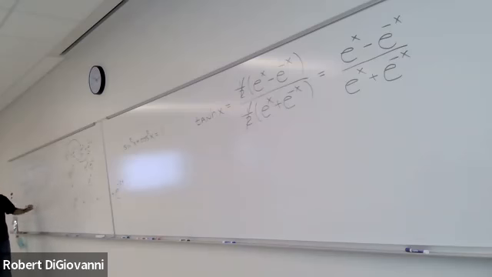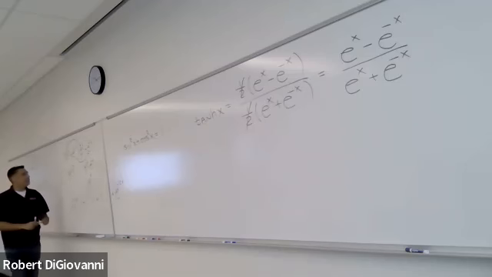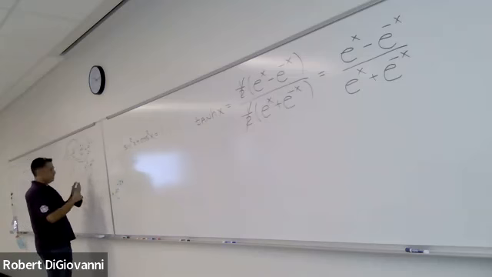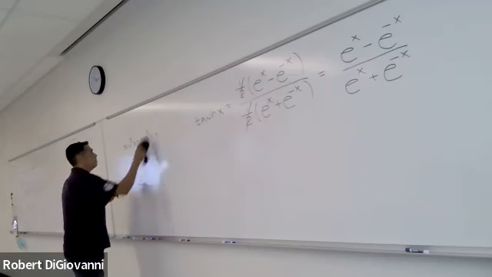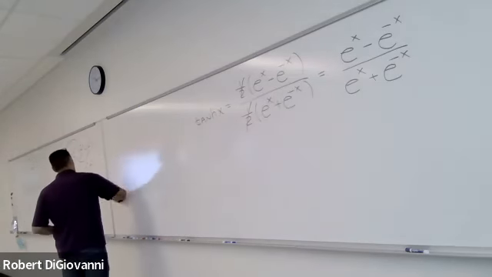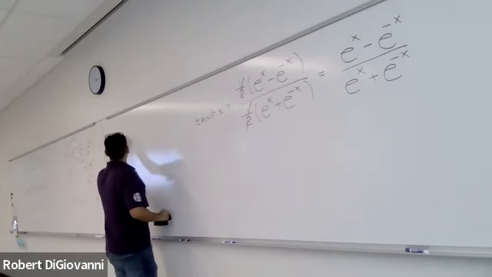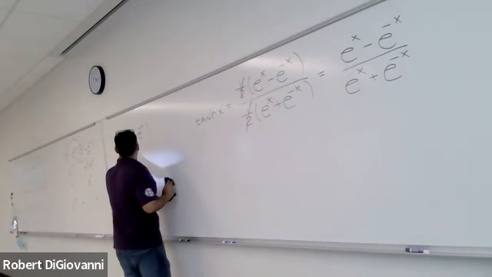Minus, now I square the 1/2, got a 4th. And then this one is going to be very similar to what we just did, right? But instead of having pluses here, we have minuses. So I'll do it over there. So we're doing e to the x minus e to the negative x times itself.